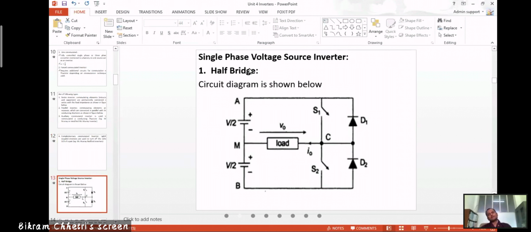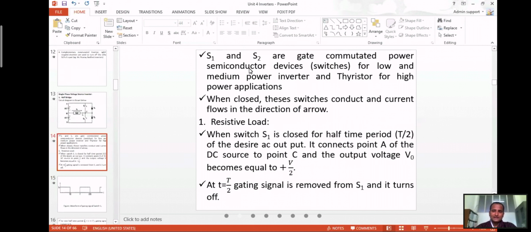So in the single phase voltage source inverter, which I looked at in the last classes, the half bridge inverter, switches S1 and S2 are used. In this case, if the load is purely resistive, the diodes D1 and D2 do not have much function. But in the half bridge, if the load is inductive, then D1 and D2, which we have already seen, will have a function.